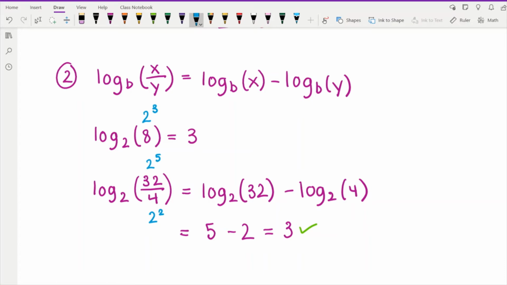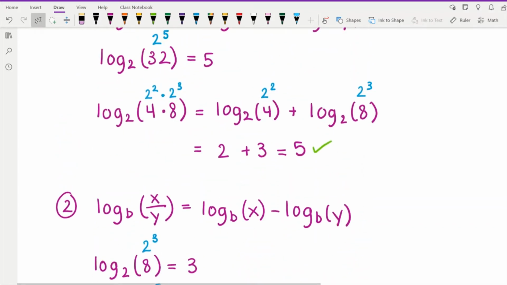So 2 to the 5th over 2 squared is the same as 2 cubed. And so that's why when we subtract, 5 minus 2, we end up with 3. So it's basically because the exponents are the numbers that are coming out when you do logarithms that you end up subtracting the logarithms in this case, or in the previous case, adding them.